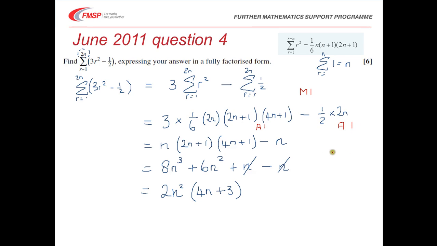You're getting a method mark for attempting to factorise here, and then you are getting 2 accuracy marks, 1 for each bit, so 1 for the 2n squared and 1 for the 4n plus 3. So 6 marks in total for that question.